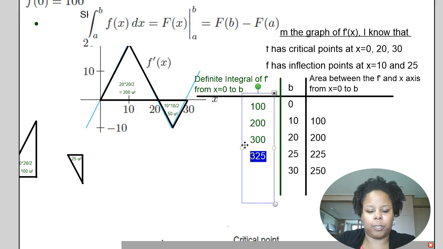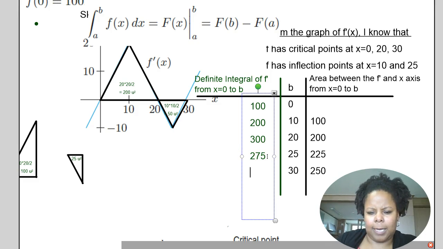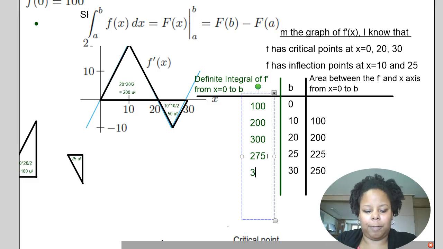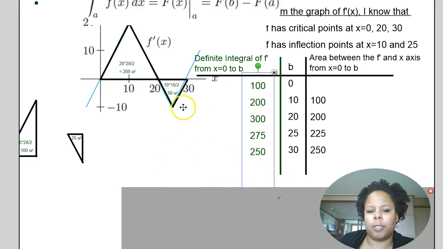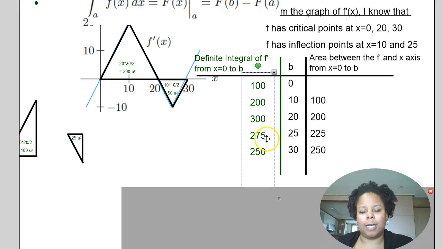So our actual answer here would be 275. And then when b is equal to 30, that would be 350. Did I say that right? No, sorry. It's 250, because we are subtracting an extra 25 from the previous area.